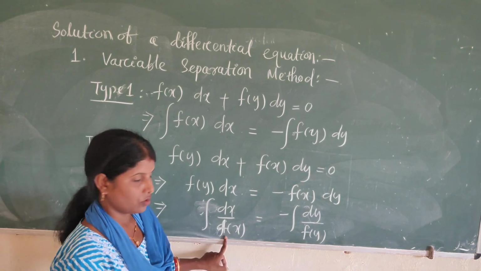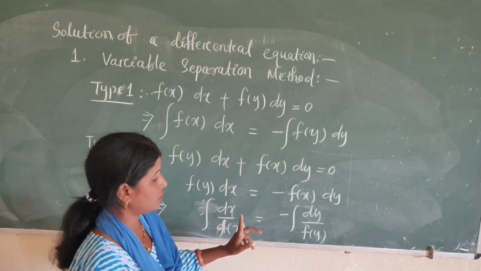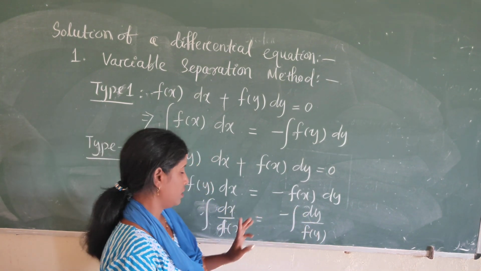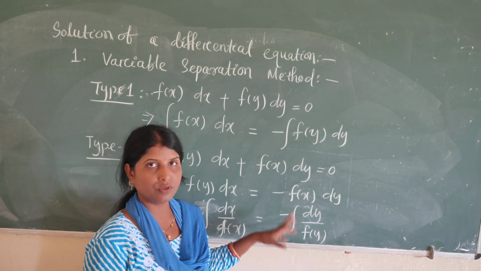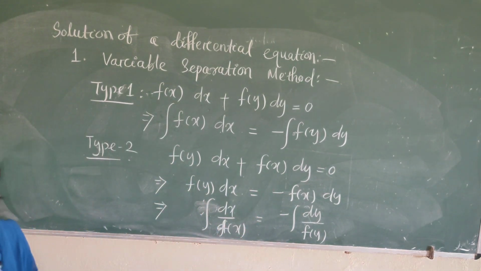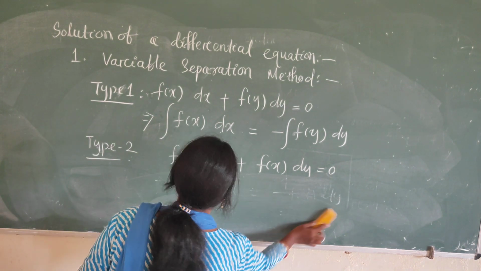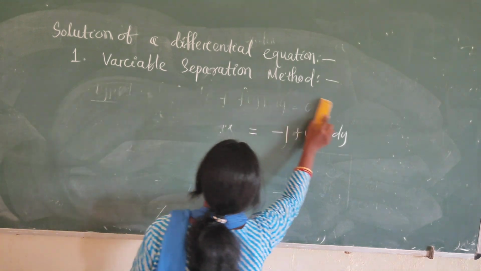In left side all the functions are function of x, in right side all the functions are function of y. Then we have to integrate on both sides, then we get our solution. Let's do some problem of variable separation method.